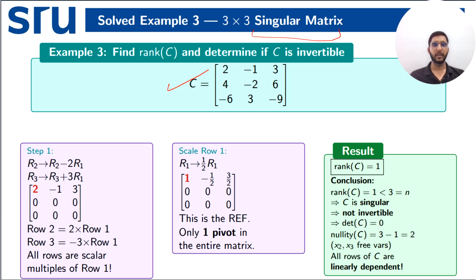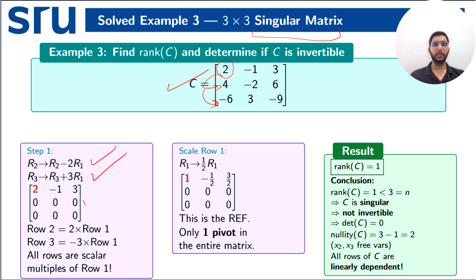Now, first choose the first non-zero entry in the first row, and make it the pivot entry. With the help of this one, make 0 below it. For doing that, I applied these two operations: row 2 changes to row 2 minus 2 times row 1, and row 3 changes to row 3 plus 3 times R1.